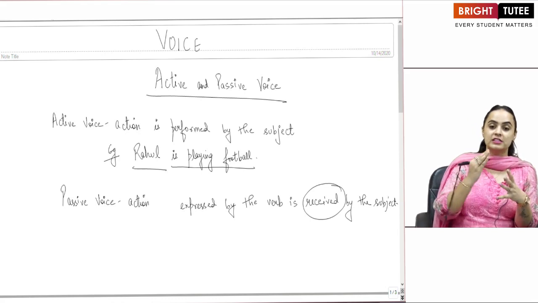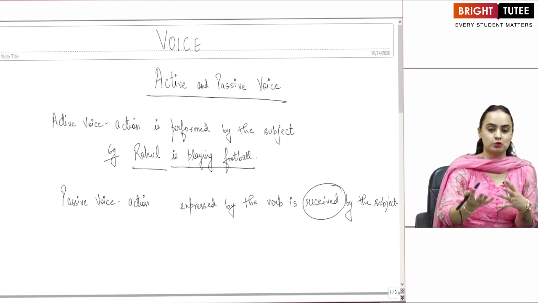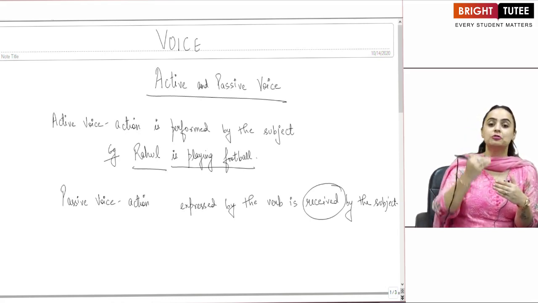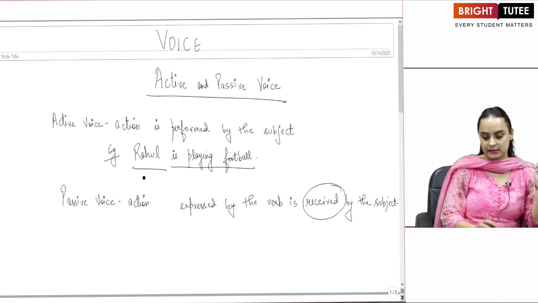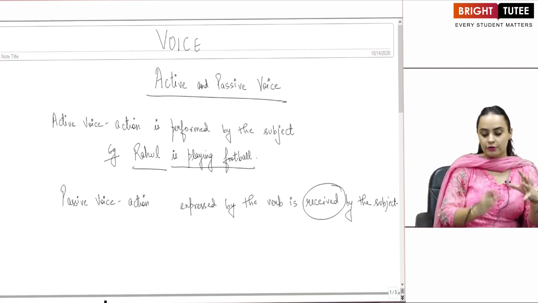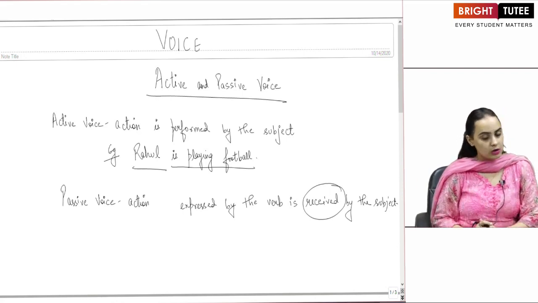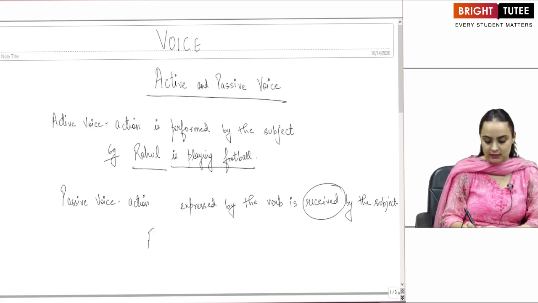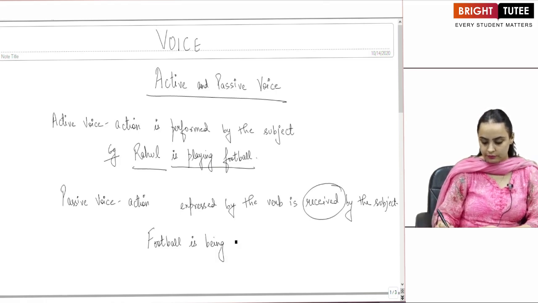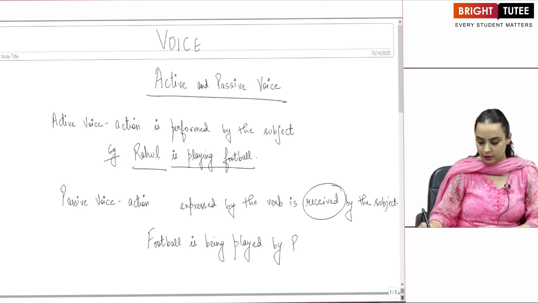The subject is not performing an action, rather the subject is receiving the action. For example, the same sentence as we have written above, Rahul is playing football. When I change this sentence to passive voice, the sentence becomes, football is being played by Rahul.